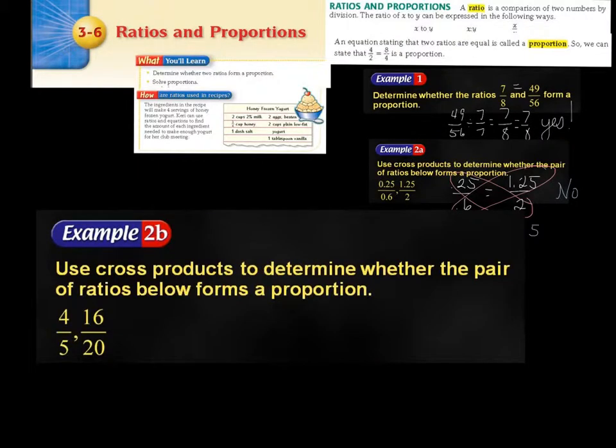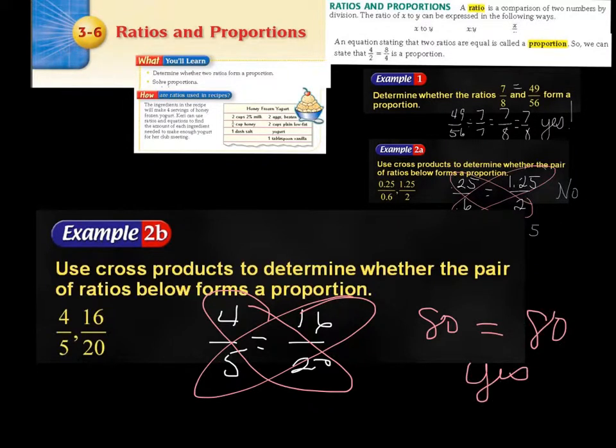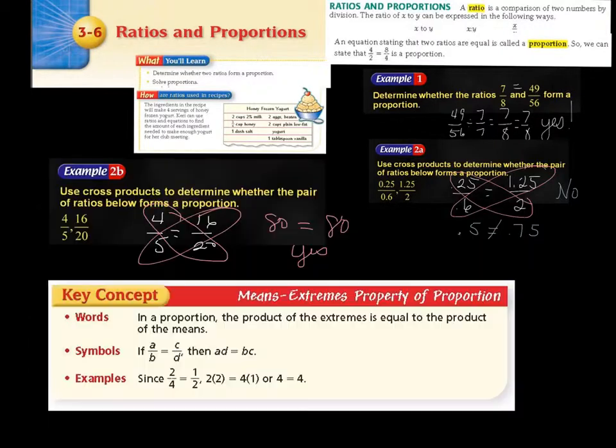Now for part B, if I check 4/5 to 16/20 using cross products, numerator times denominator, that's going to be 80, and numerator times denominator is 80 again. That is a true equation, so yes, that does form a proportion.